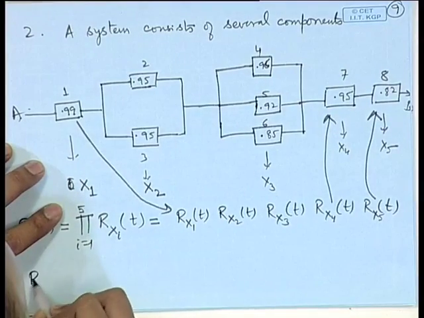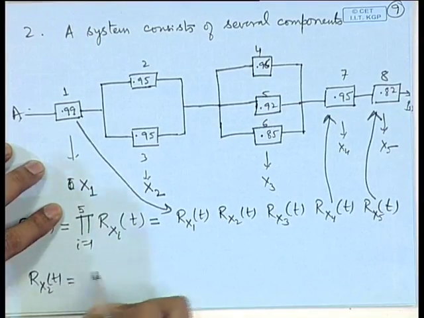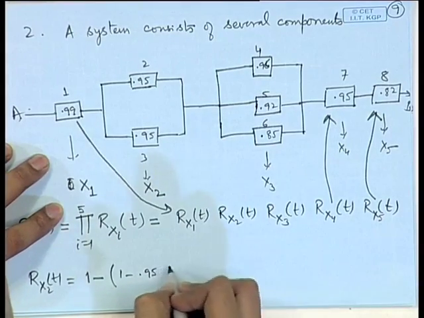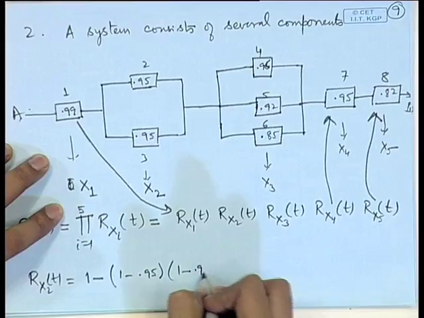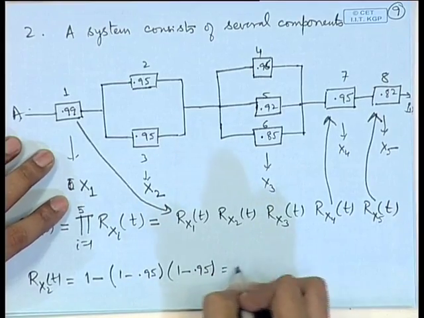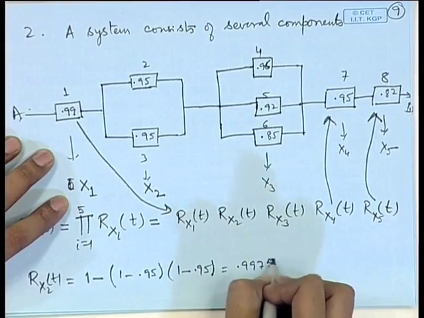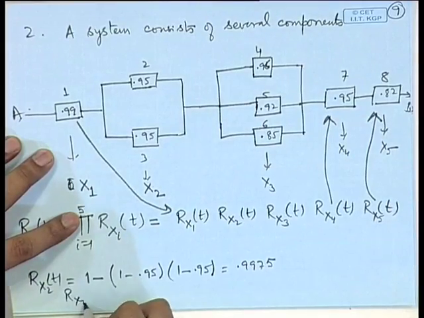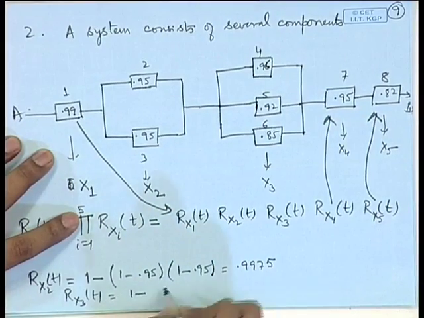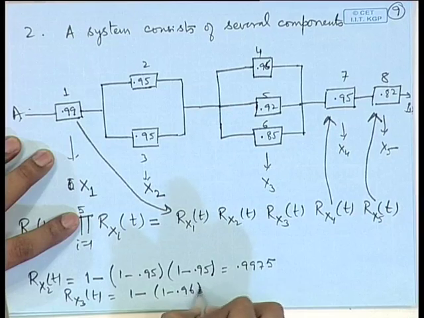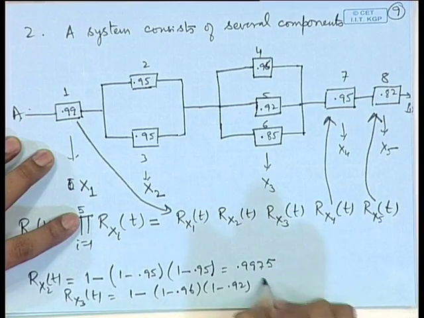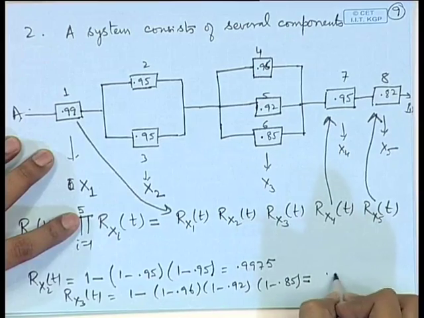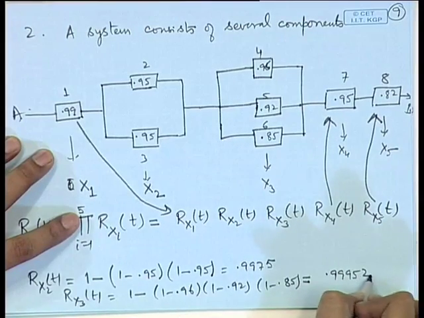If we look at R_X2(t), it is equal to 1 minus (1 minus 0.95) into (1 minus 0.95), which is equal to 0.9975. Similarly, if we consider the reliability of the third system, that is R_X3, that is equal to 1 minus (1 minus 0.96)(1 minus 0.92)(1 minus 0.85), which is equal to 0.99952.